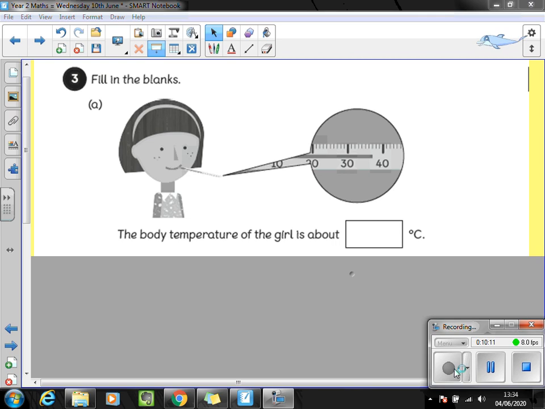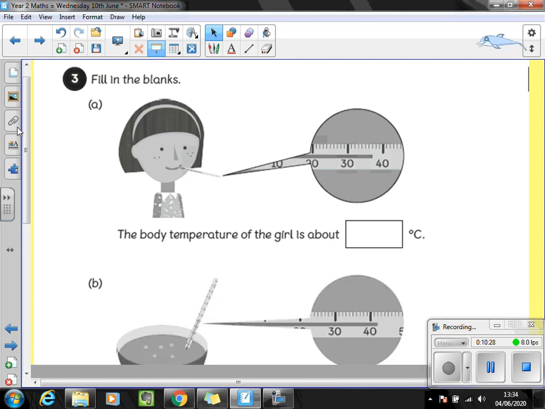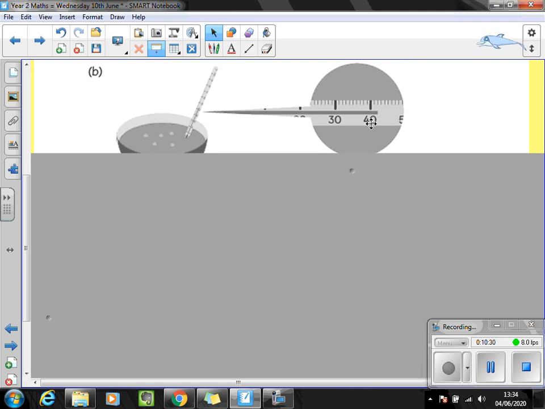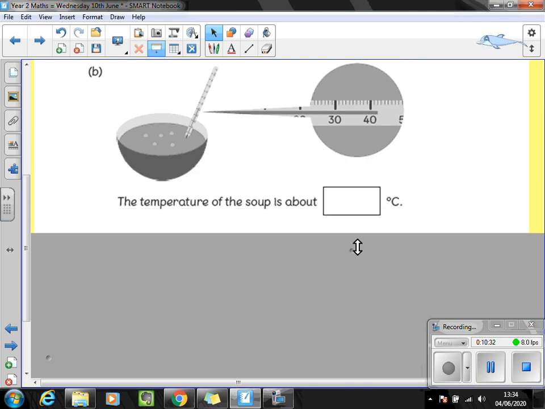Moving on to our last independent learning question. Can you fill in the blanks? The body temperature of the girl is about how many degrees Celsius? Nice clear picture for that one. Question B. The temperature of the soup is about how many degrees Celsius?